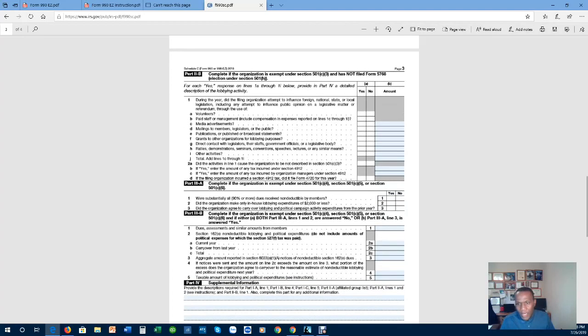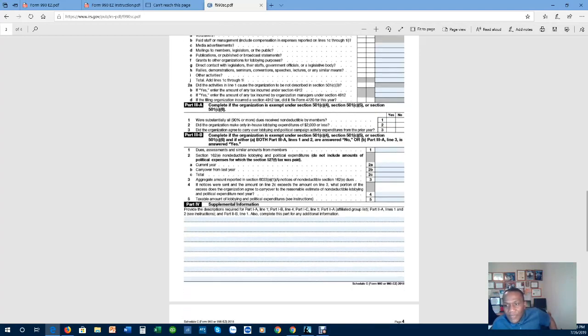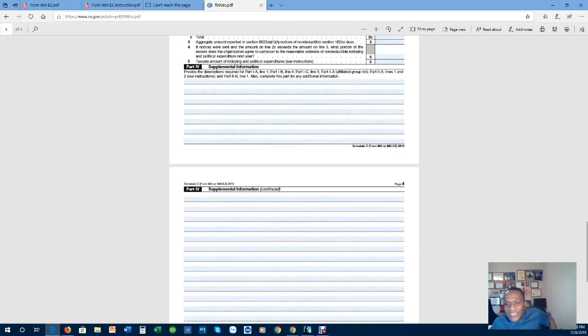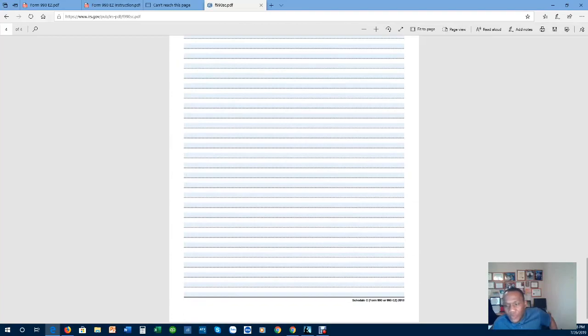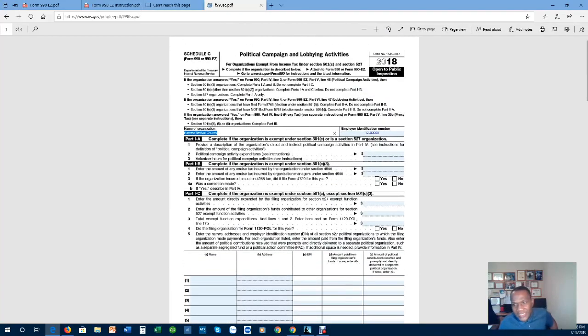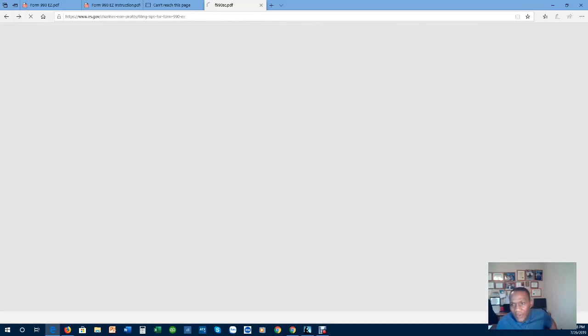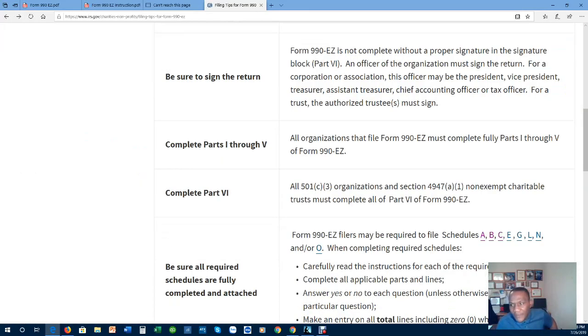Part III-A must be completed if the organization is exempt under Section 501(c)(4), Section 501(c)(5), or Section 501(c)(6), and so forth. All the information is here for you, and supplemental information, all the necessary information that you think is vital to the processing of your Schedule C related to your Form 990 or Form 990-EZ. So that gives you the idea, so you can familiarize yourself with these forms.